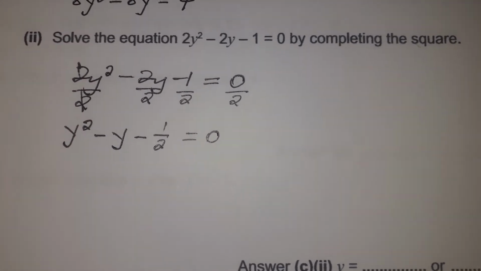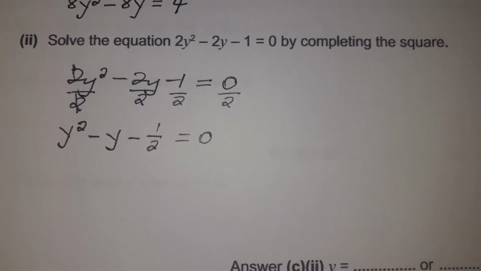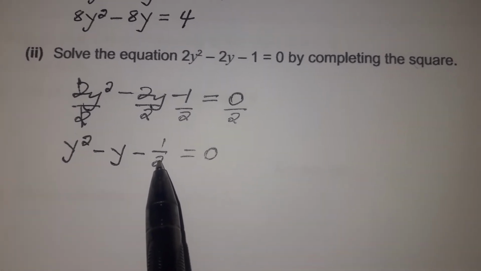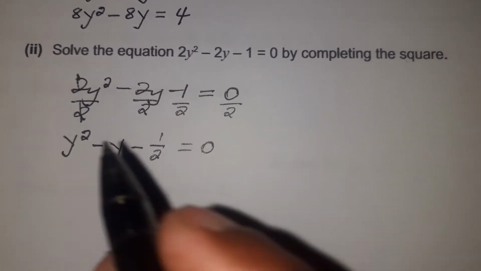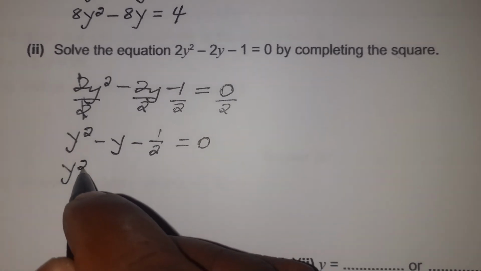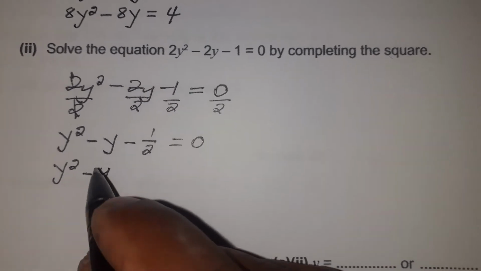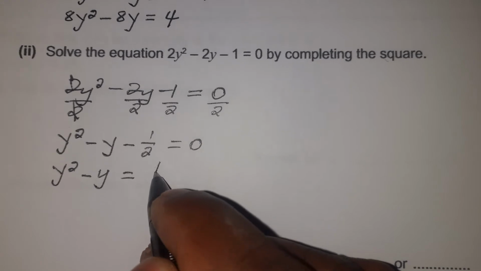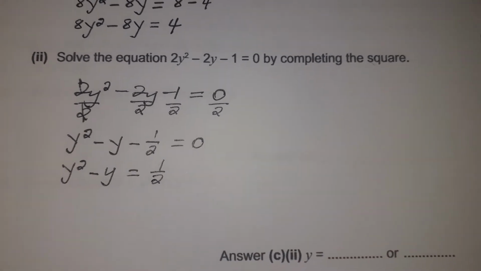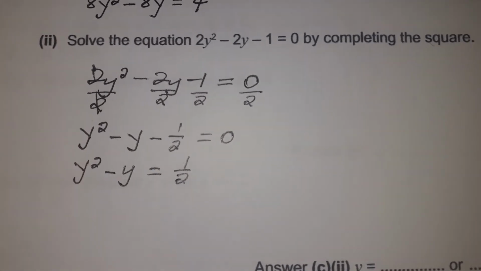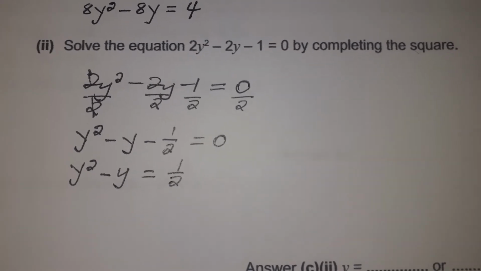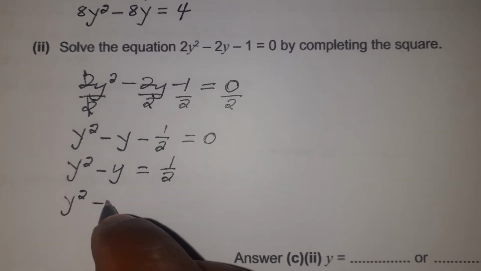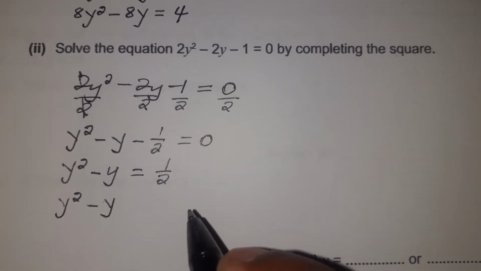After doing that, what we now need to do is move this term, the y-intercept, to the other side of the equal sign. Then this side we are only going to have y squared minus y equal to positive. This side is negative, therefore this side becomes positive. Now, we rewrite this y squared minus y.